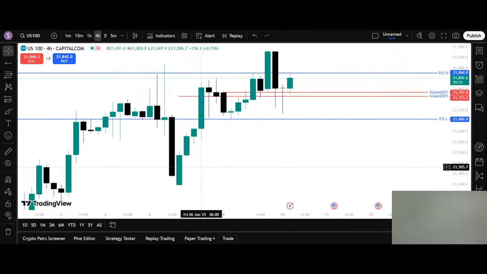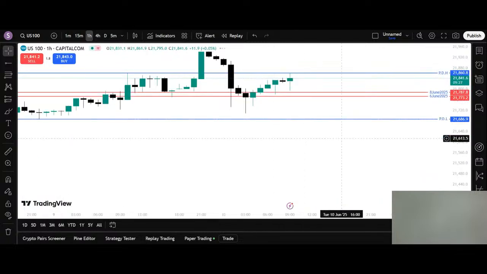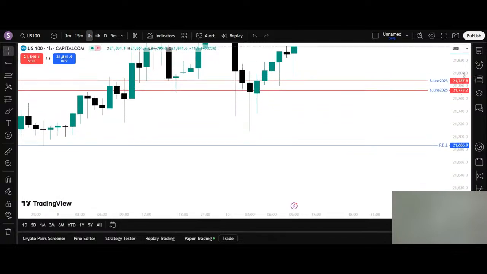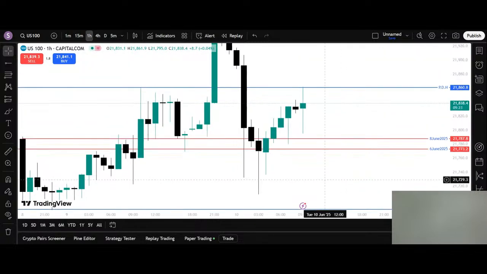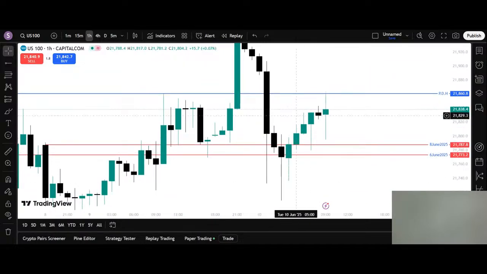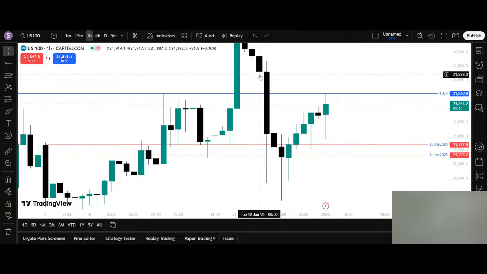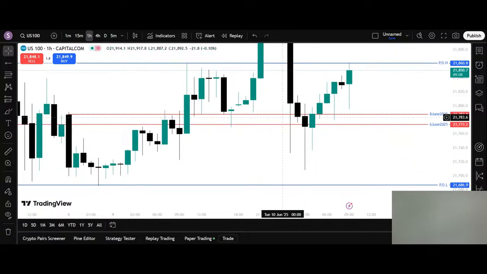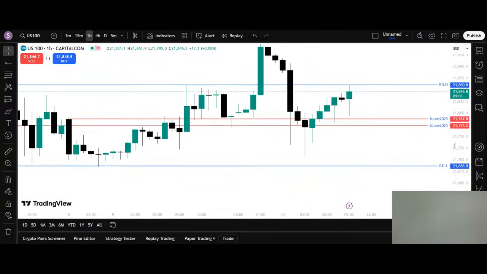Now let's drop down to the 1 hour time frame. As you can see, price is in a bearish FVG here, from the low of this candle to the high. On the 1 hour time frame, price has cleared a little of sell side.